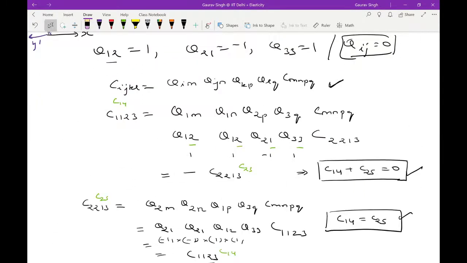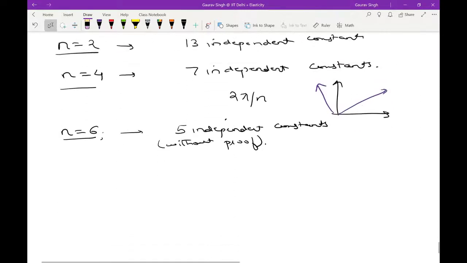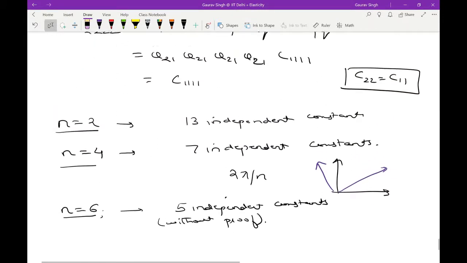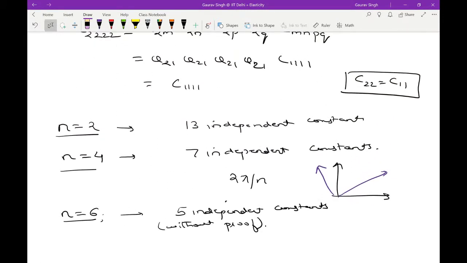I'm not doing this because it would be lengthy, because you don't have ones and minus ones anymore as soon as the angle is not pi or pi by 2. And obviously all of it is for rotation about the z axis. Always remember this.